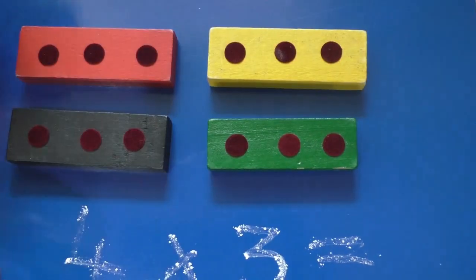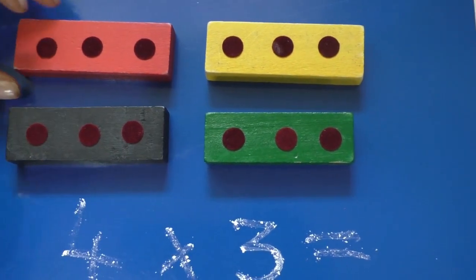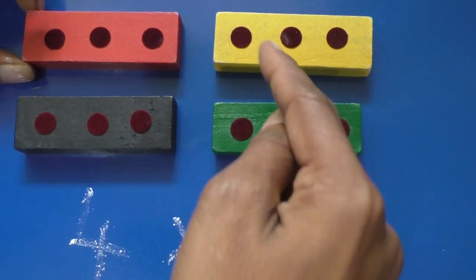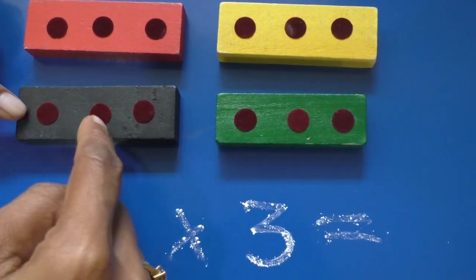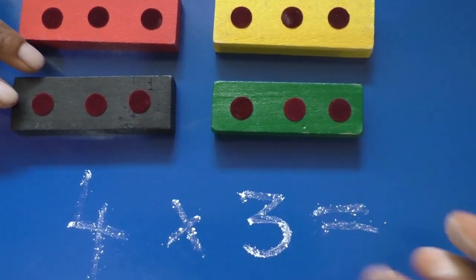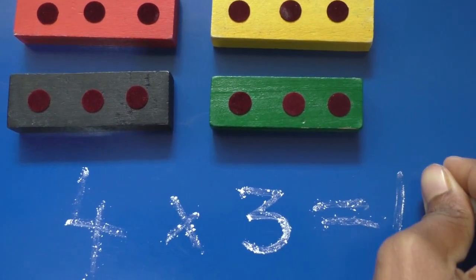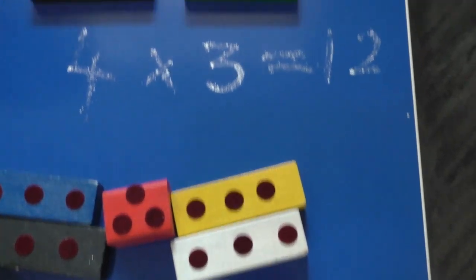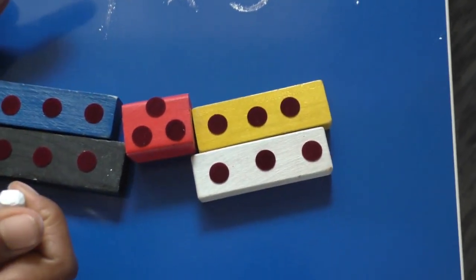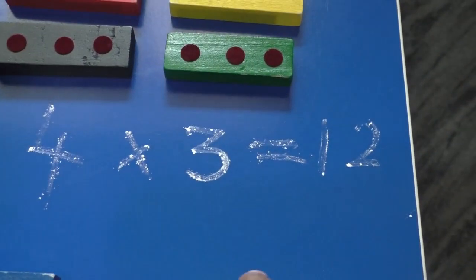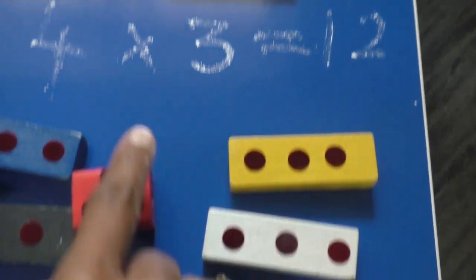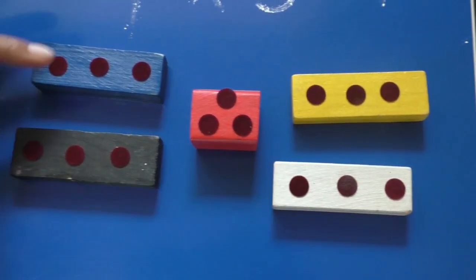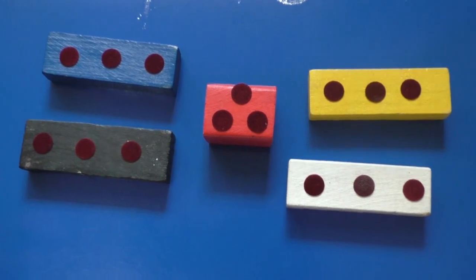So 4 into 3 is 1, 2, 3, 4, 5, 6, 7, 8, 9, 10, 11 and 12. We have 12 dots. So 4 into 3 is 12.